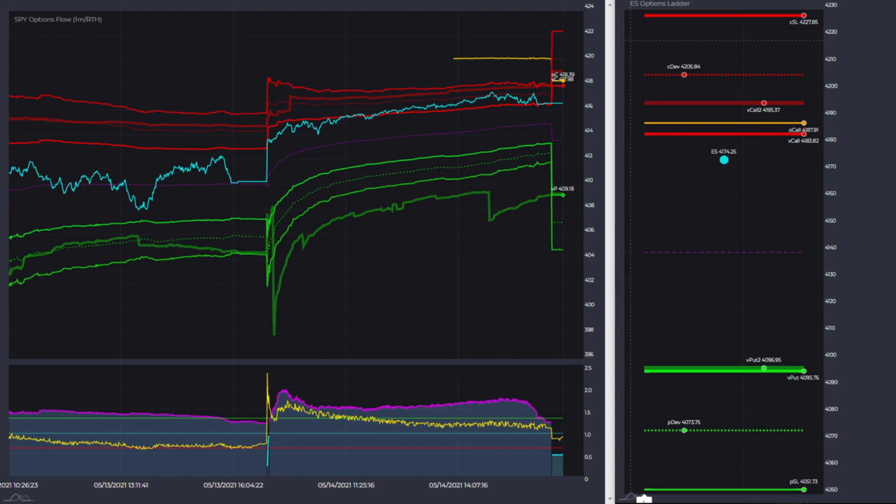So when the order book is just based on ES, it's just the futures market. The options section is telling you a story about what's going on on the options front.